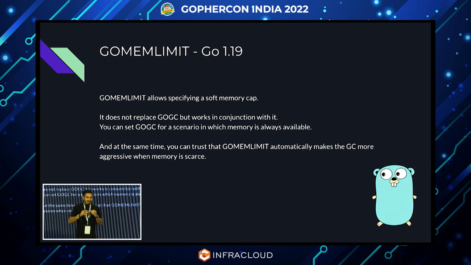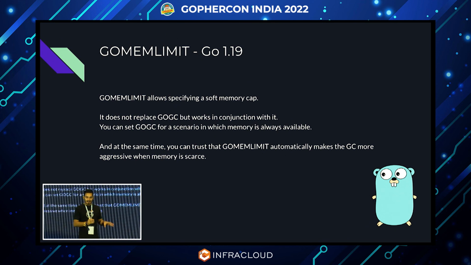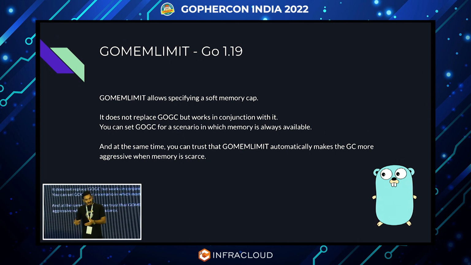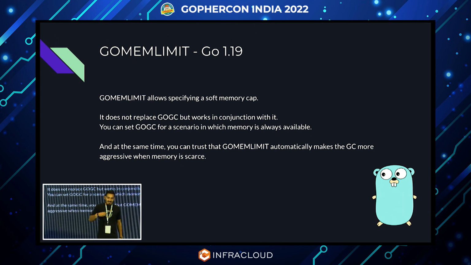So it tries to prevent the OOM crash that could have happened, by utilizing the soft limit. It's a soft limit, not a hard limit as of now. So eventually it might still crash, but the probability gets lower. That's about this new enhancement that was introduced in Go 1.19.